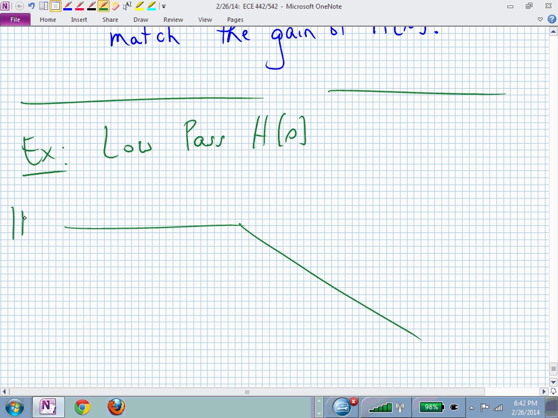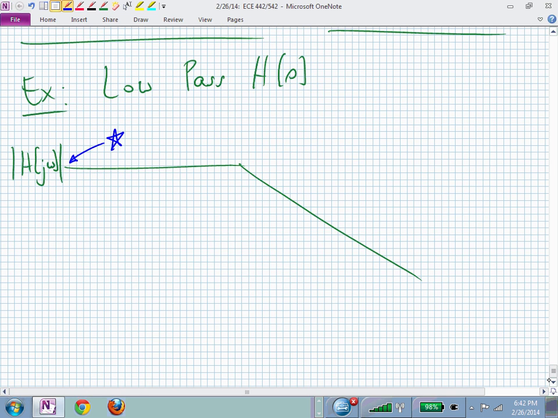And this is representing h of j omega, which is really h of s, and we might want to match the gain right there at low frequencies or at DC. Meaning we might want h of s at s equal to 0 to equal h of z when z is what? 1.